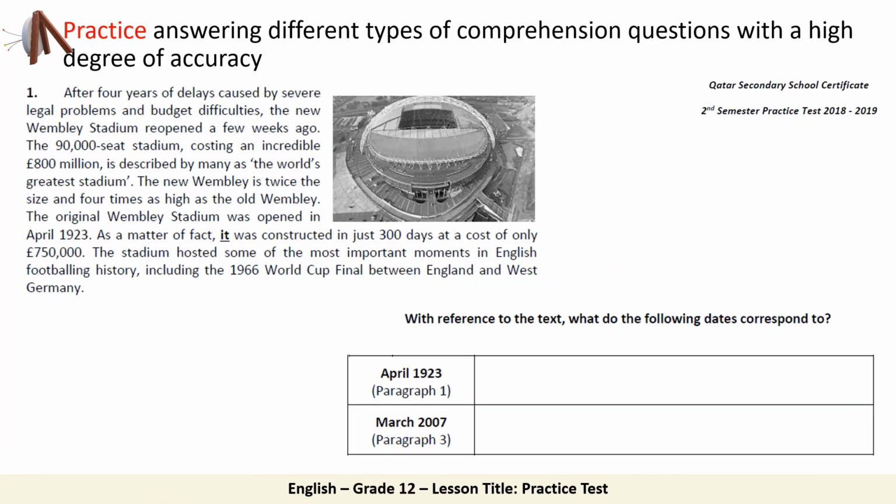Now we will examine some types of questions which require constructed answers. In this question, you are required to read the text and find out what the dates April 1923 and March 2007 refer to in the text. So please pause this video here for a while and find what April 1923 refers to in paragraph number 1.